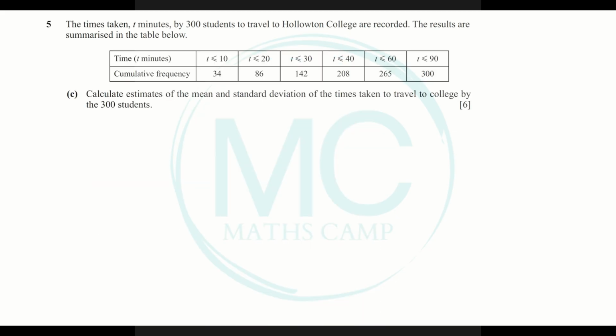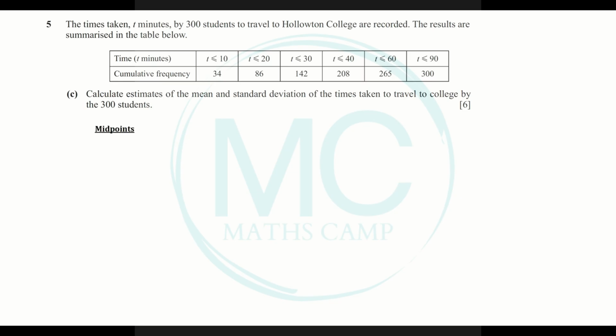Part C says calculate estimates of the mean and standard deviation of the times taken to travel to college by the 300 students. Now, in order to calculate the estimate mean and the standard deviation, we need the midpoint of each interval and the frequency of each interval. So let's start with the midpoint.